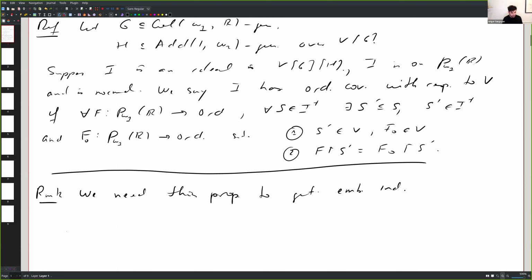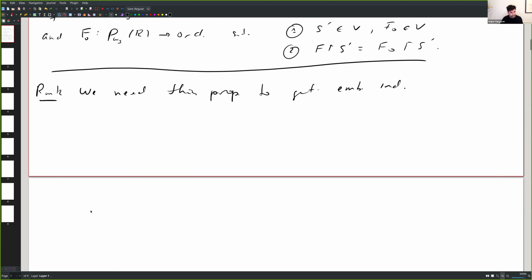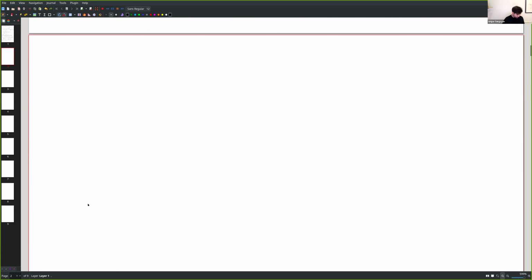The main new thing that we have to prove, in addition to what we already proved, is the following. So, proof of the theorem, I guess.